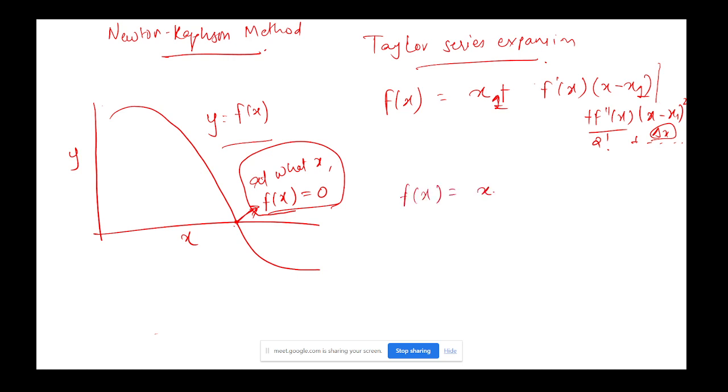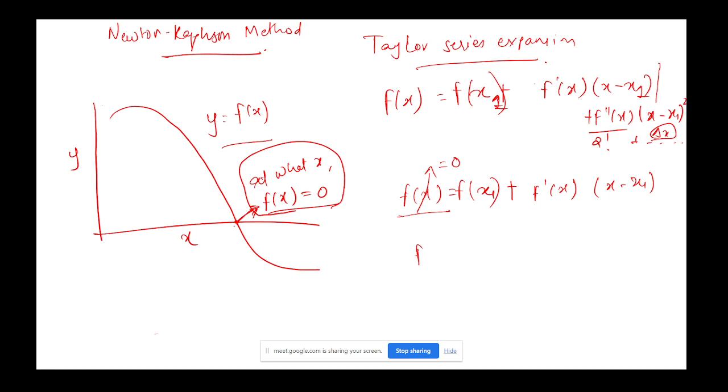So what will it be? f of x equals f of x1 plus f dash x1 times x minus x1. Now if you want the value of x at which f of x equals 0, then this will be 0.